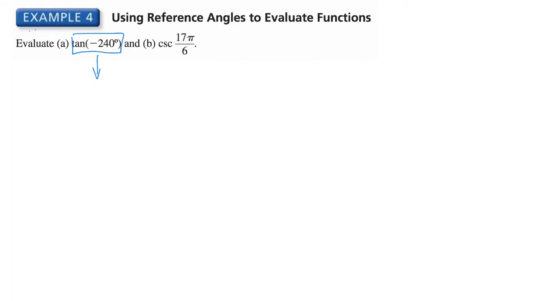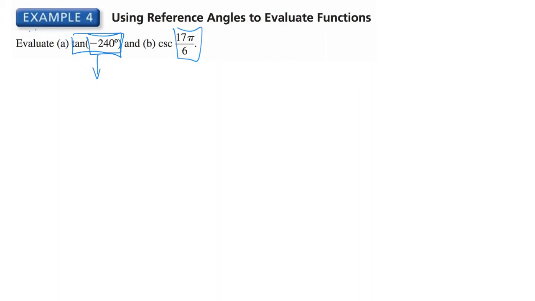If you go back to 8-2, where we talked about the degree and radian measures of special angles, you will be able to see that connection. But right now, we're going to find the reference angle of -240 and then 17 pi over 6, and then we're going to evaluate it with tangent.